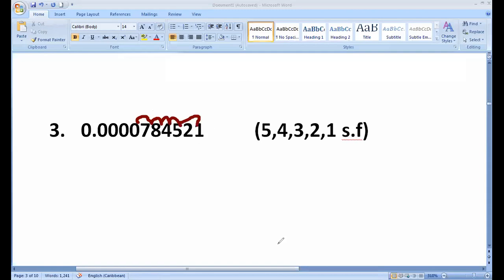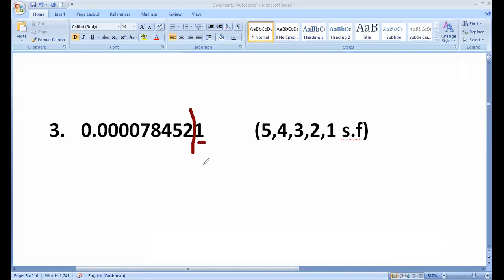And I will draw the imaginary line between the 2 and the 1. The 2 and the 1. And then we examine the number to the right.